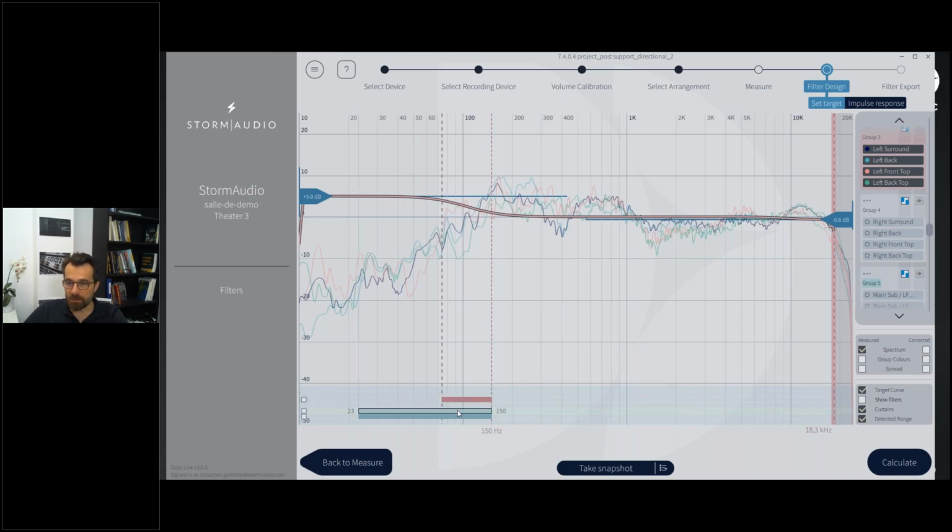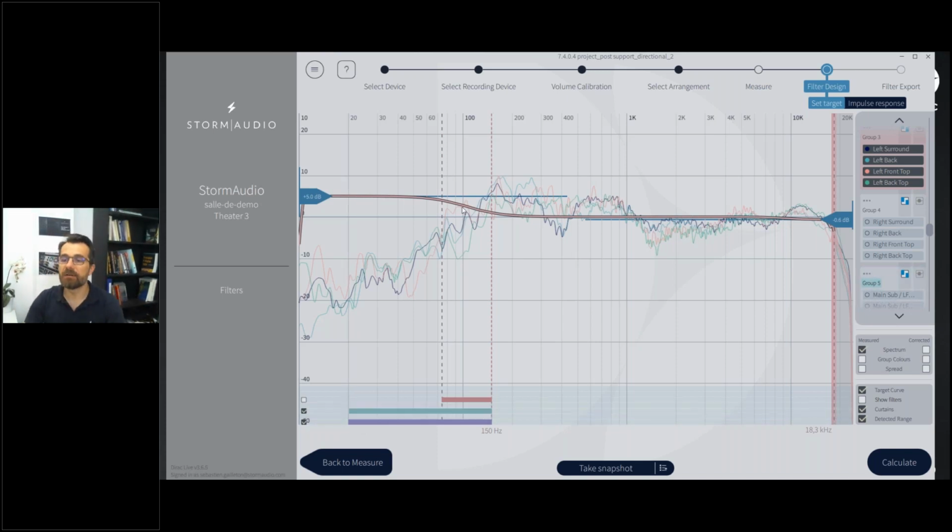I think you want to keep the other main subs, right? But at least on the sides, you want to make sure that the left surround will get the support. So actually, my right subwoofer is this one. Both subwoofers can go down to the infra bass.